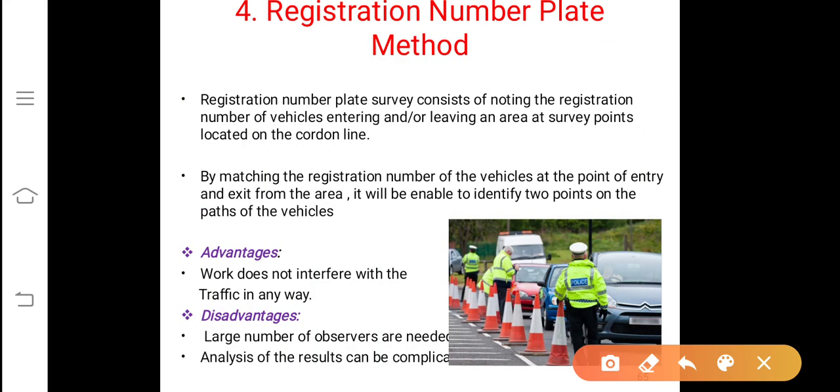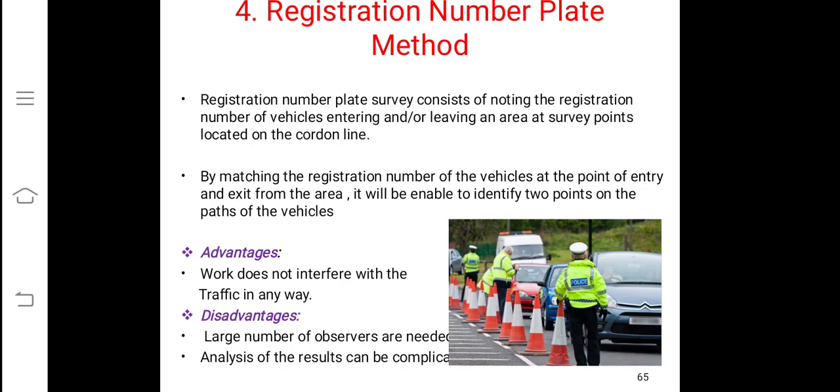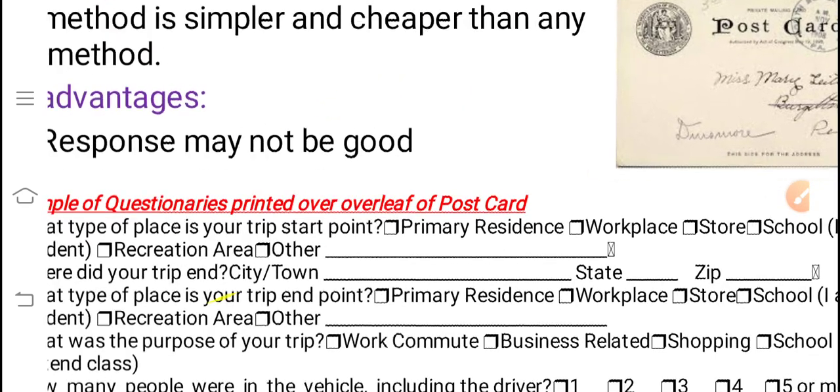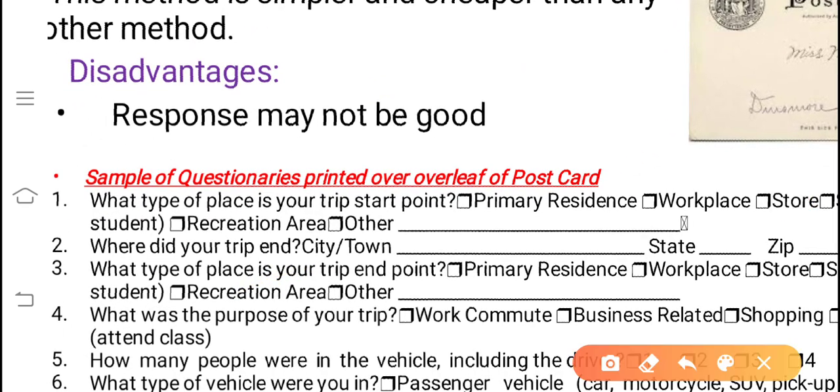For example, what type of place is your trip starting point? Primary residence, workplace, recreation area, others. They have to write in the space provided. Place where the trip started.